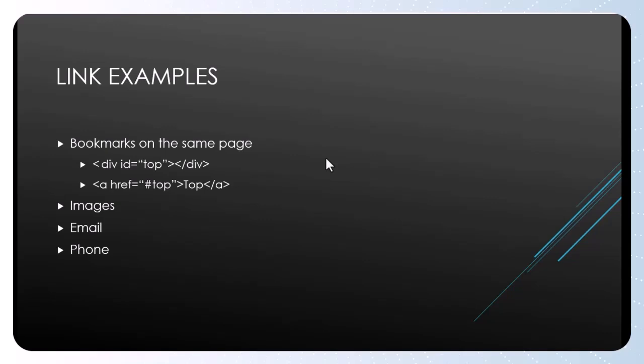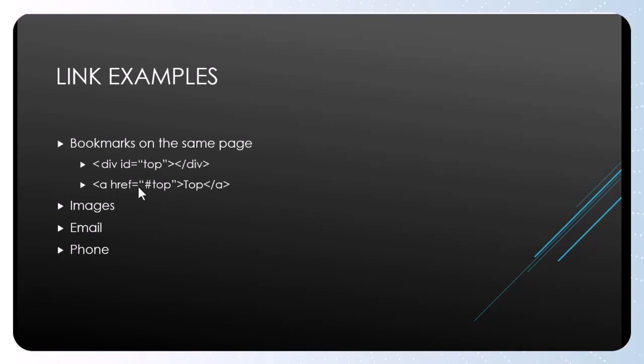If you're going to link to something on the same page, you can do that with what's called a bookmark. You give the element an ID in the opening tag, and then later on you can create the link to it using the anchor tag and then the href.